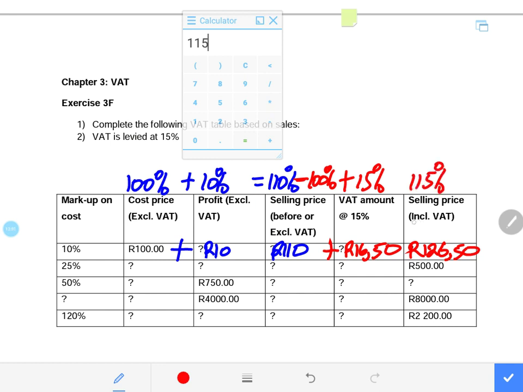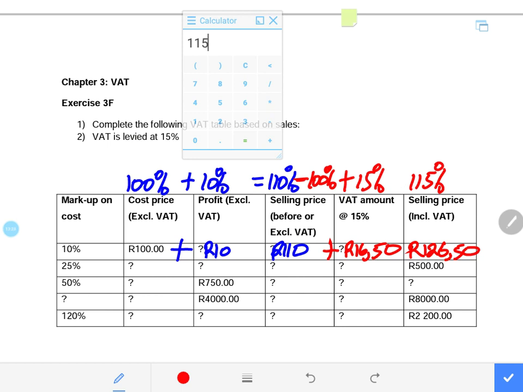The selling price, remember, is inclusive of VAT. So the selling price that is inclusive of VAT is always out of 115%. Why? Because we added 15% on the amount of the selling price, which was 100% before 15% of VAT was added. So now we said 100% selling price plus 15%, then that gave us 115%.